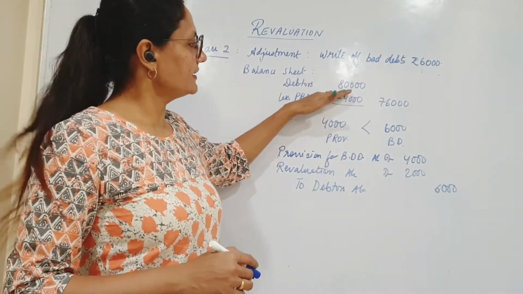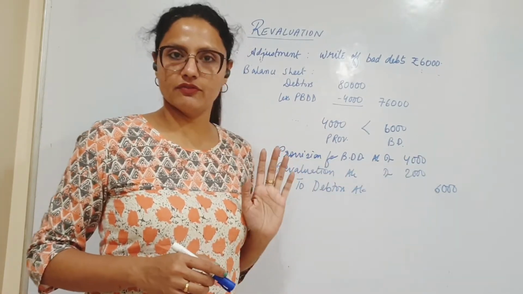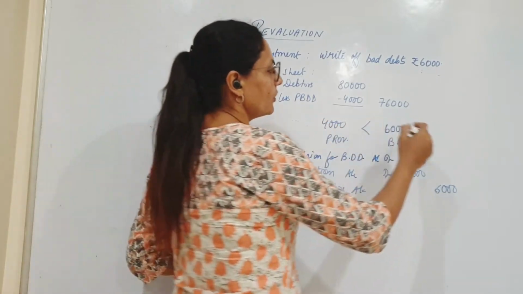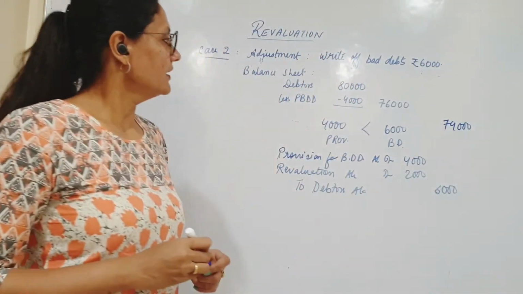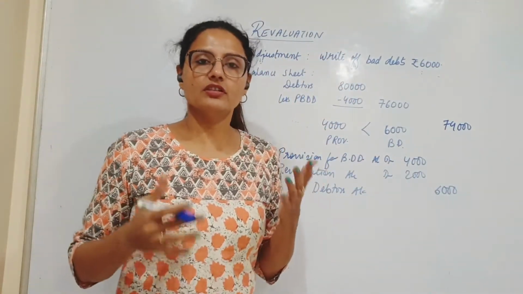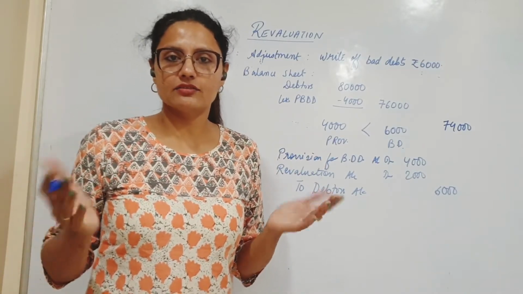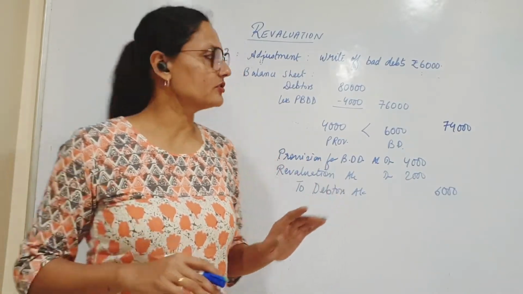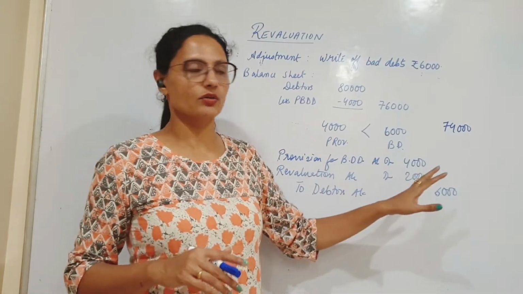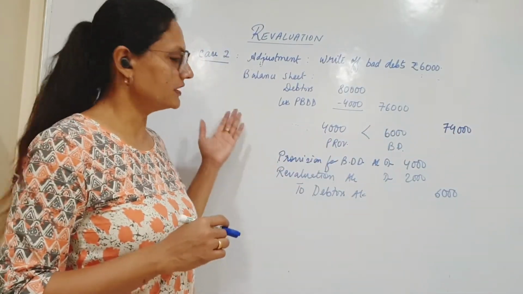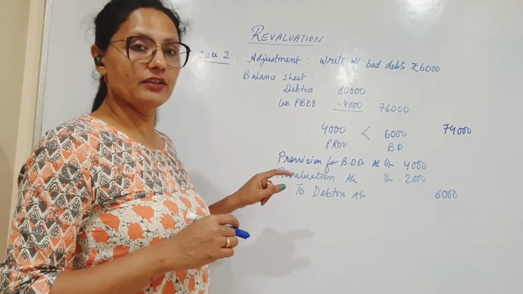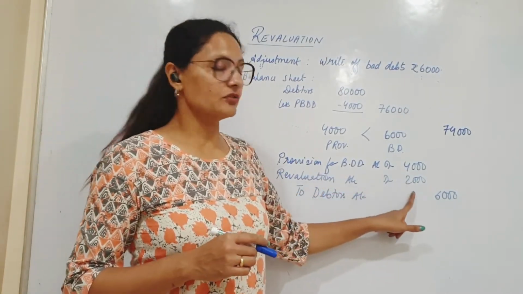Debtors at 80,000 minus 6,000, 74,000, right? So the fresh value of your debtors in the balance sheet will show at 74,000. What about provision? Provision, you have completely utilized, so there is no more provision left. So provision drops down to 0. So your debtors will show at 74,000 in the new balance sheet. Clear? In your revaluation account, you will be showing this 2,000 debit.